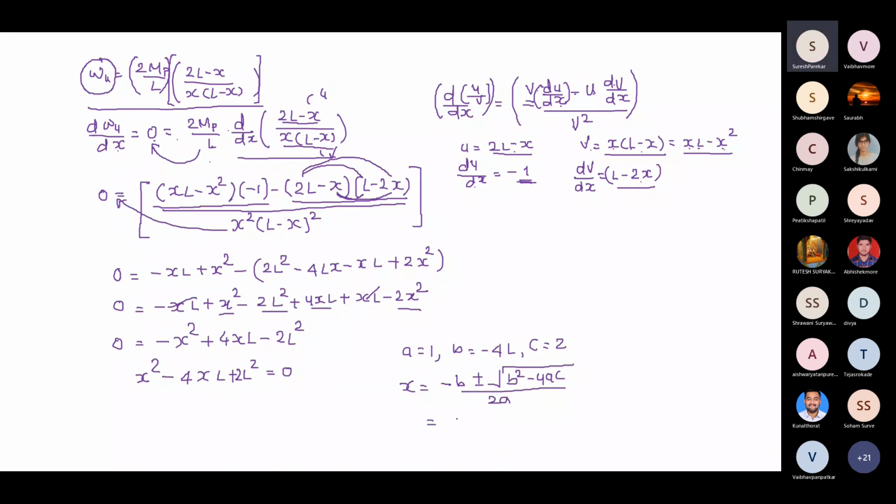And if we put it, minus b, minus 4l becomes 4l, plus minus root of b square, 4l square, so we have 16l square minus 4ac. 4a is 1 and we have c upon 2 into 1.